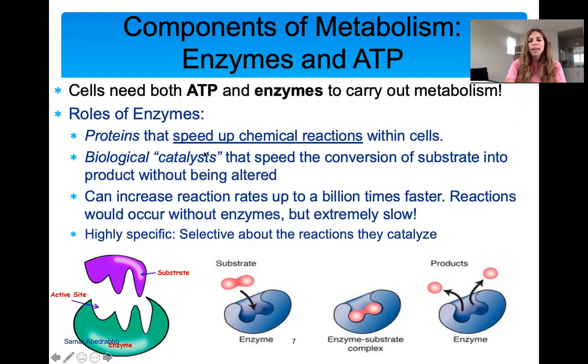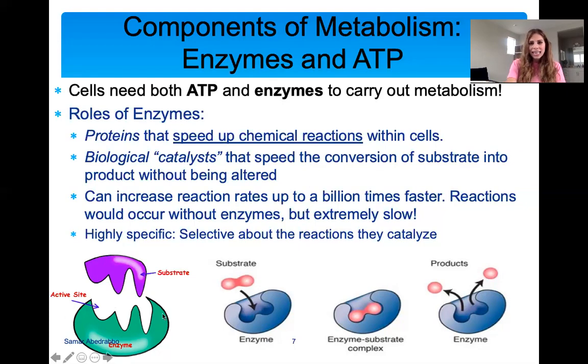And we say that they're biological catalysts. So they speed the conversion of substrate into product without being altered. And they increase the reaction rate of any chemical reaction. They're highly specific. When I say highly specific, I mean that they only react on their specific substrate. Substrate is what an enzyme reacts on.